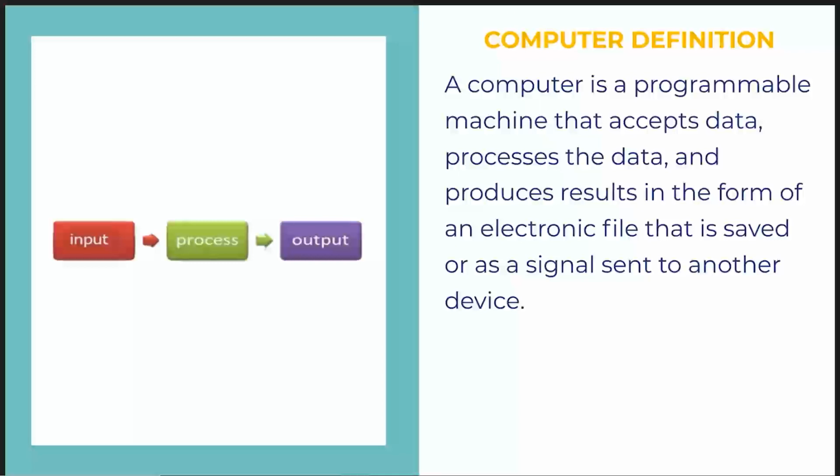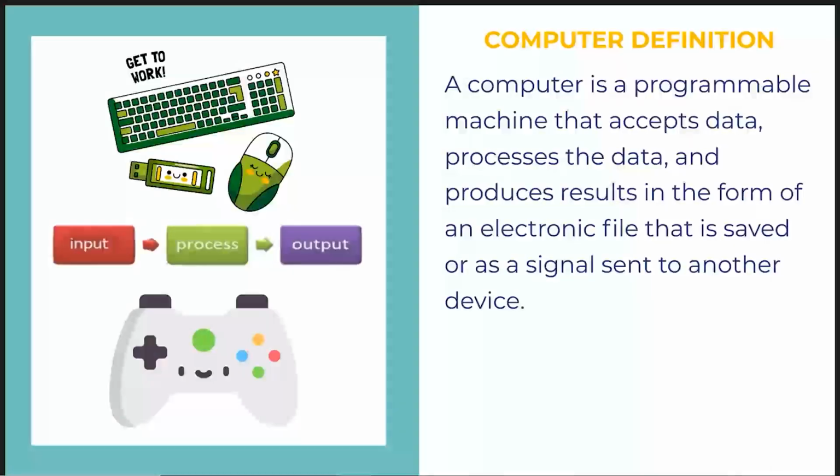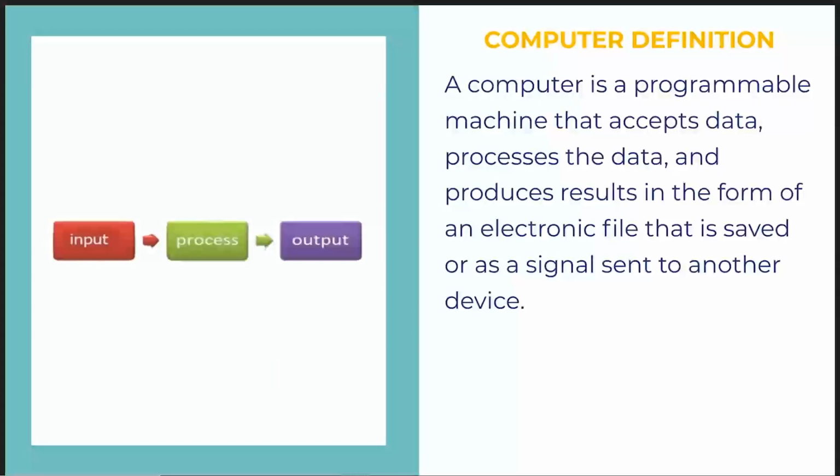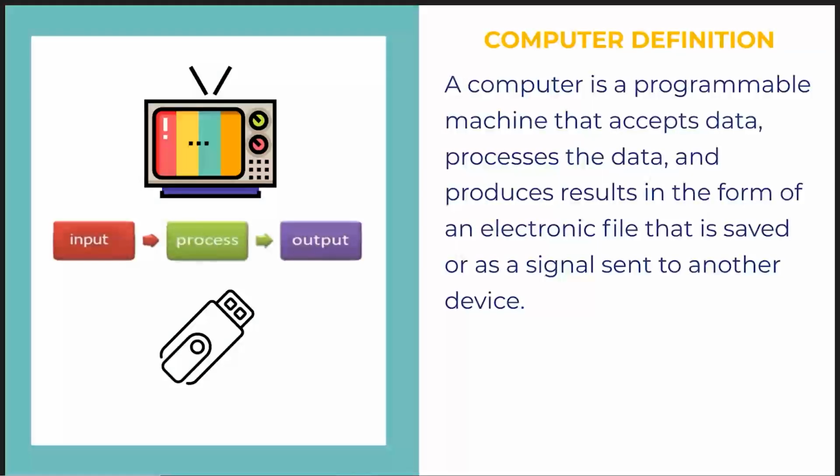For the input process, we have things like the keyboard, the mouse, and even gaming controllers like this. We'll go over the processing aspect in just a bit. And for output devices, we usually will have just a screen where the output is sent to, or sometimes we have people who want to save their output on a flash drive or store it on a disk drive or something of that nature.